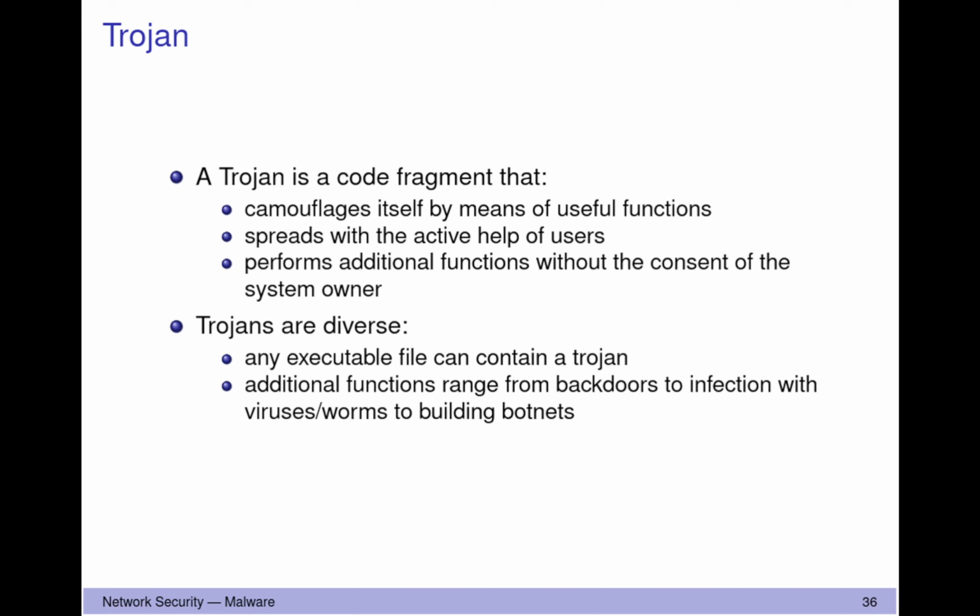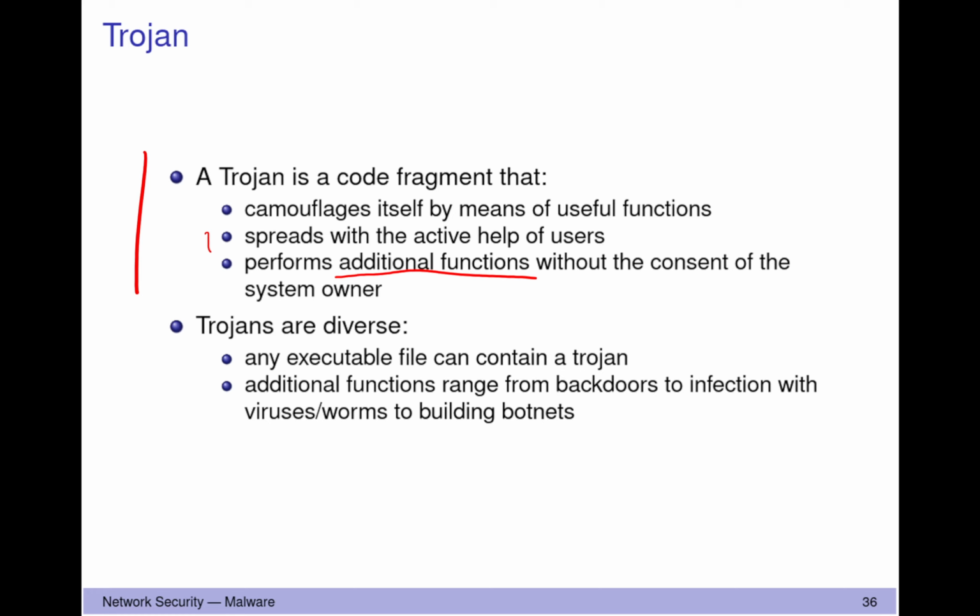So the point is, a Trojan horse is camouflaged as having some useful function. It looks like a nice program that does some wanted, desired functionality, and basically it has a hidden meaning. It has an additional function that is not displayed, that is run without the consent of the user and without the user knowing what this functionality is.